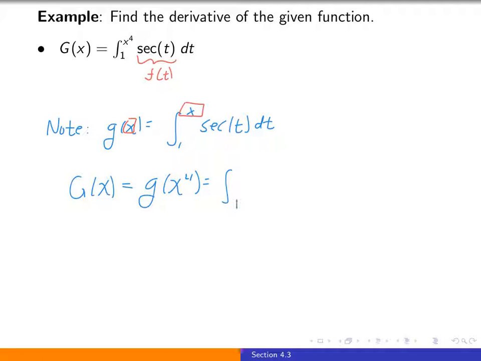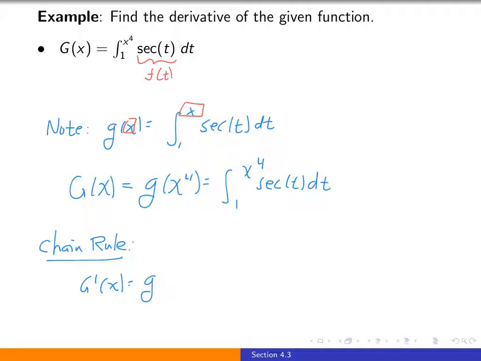That would be the integral from 1 to x to the fourth, secant of t dt. So by the chain rule, which is what we use to differentiate a composition, we'll have G prime of x is going to be the derivative of the outside evaluated at the inside multiplied by the derivative of the inside, 4x cubed.